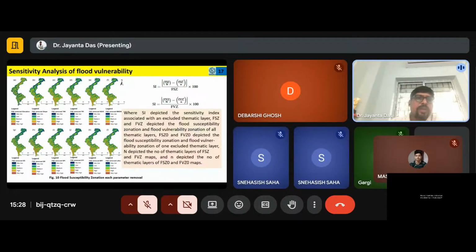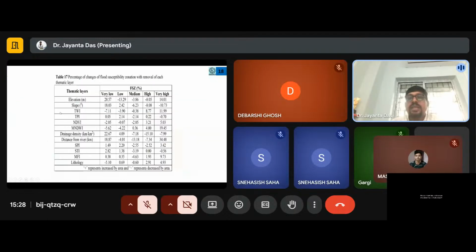Now I remove one parameter one by one. First I remove elevation, then I prepare the model, then again I remove slope, then again prepare the model, then I check this. I have prepared these statistics to see which is most sensitive.